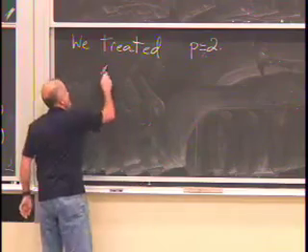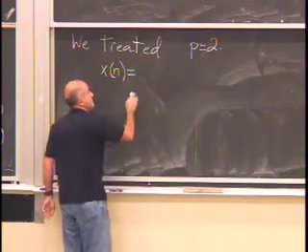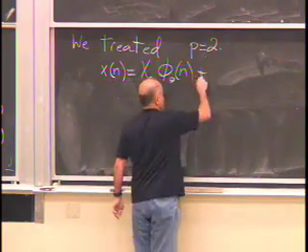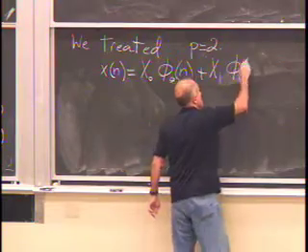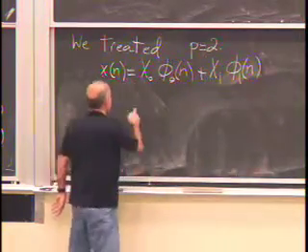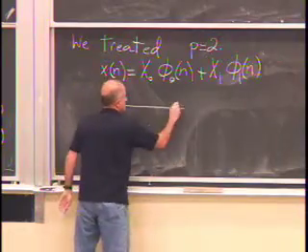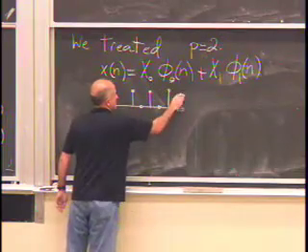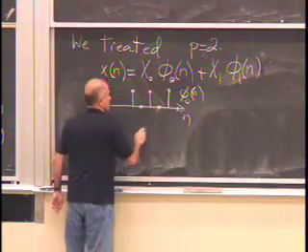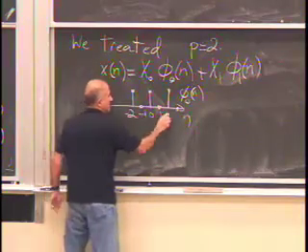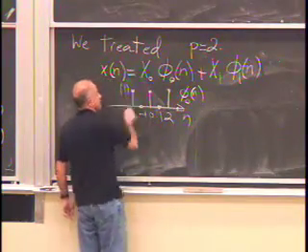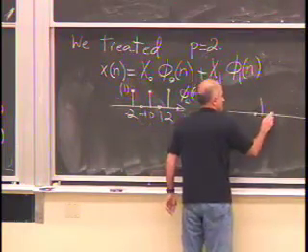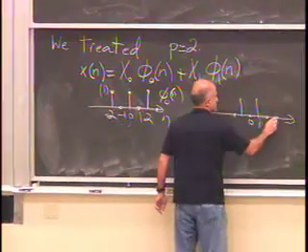And we said x of n can be thought of as x0 phi 0 of n plus x1 phi 1 of n, where phi 0 is 1, 0, 1, 0, 1, 0, and phi 1 was 0, 1, 0, 1, 0, 1.